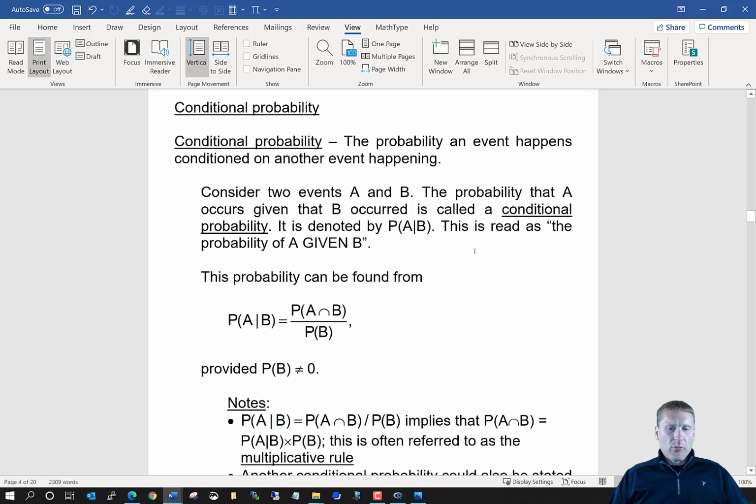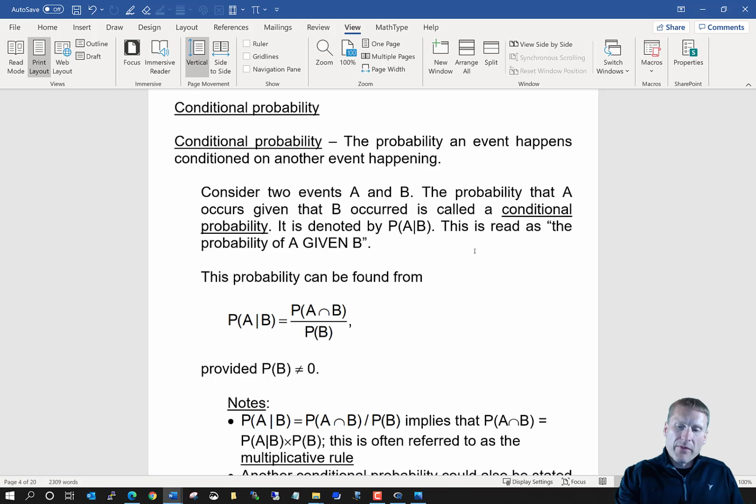Okay, so let's move on to page 7. We're going to talk about conditional probabilities now. A conditional probability is the probability that a particular event happens, given that I already know that another event has occurred.